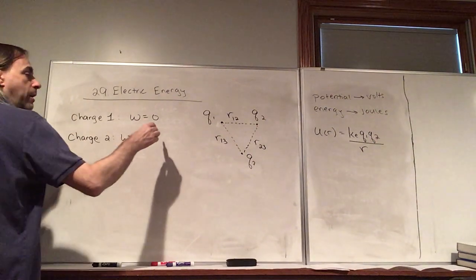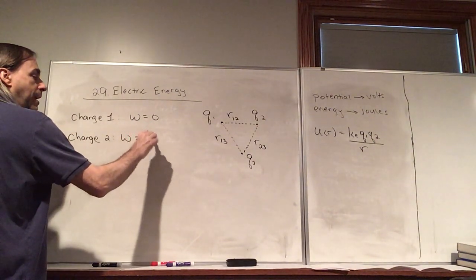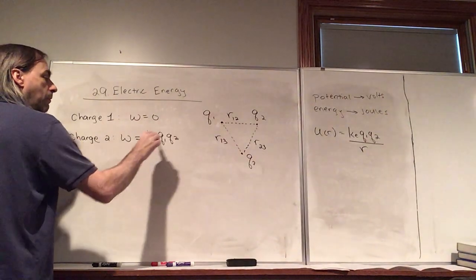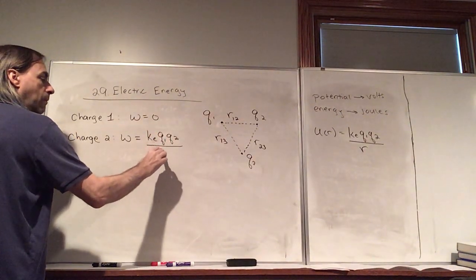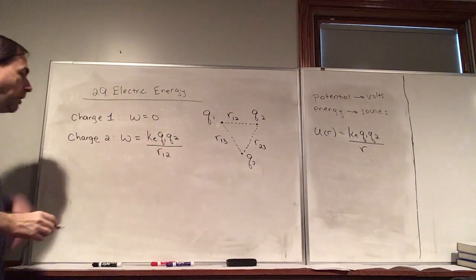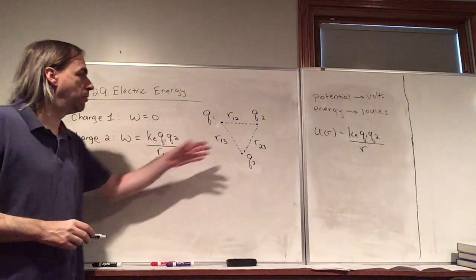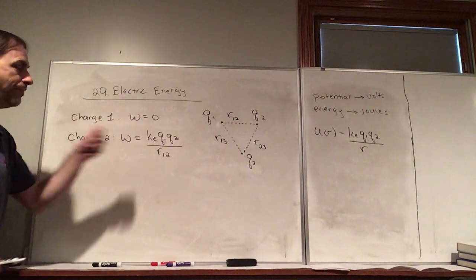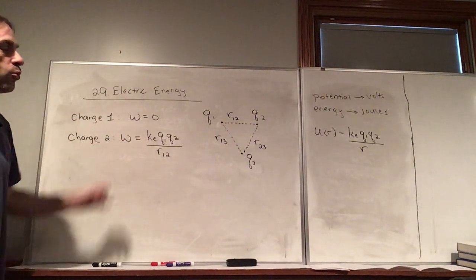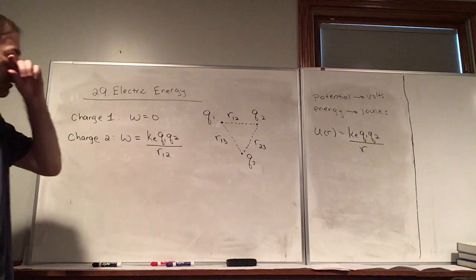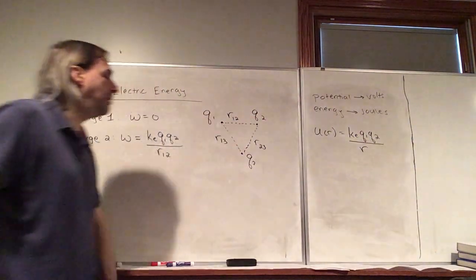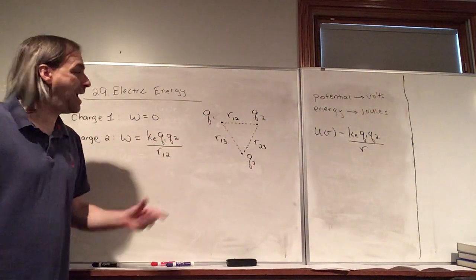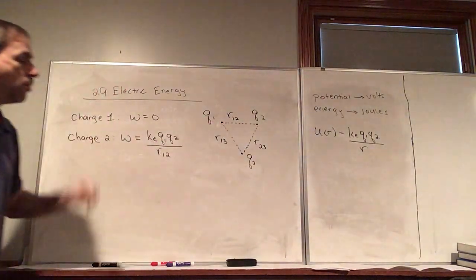The work required is just that potential energy function. So this is how much work we'd have to put into bringing Q2 in. It's going to interact with charge 1. And we know this is how much work it would take, because this energy would be the potential energy that the system would have if we just had charges Q1 and Q2.